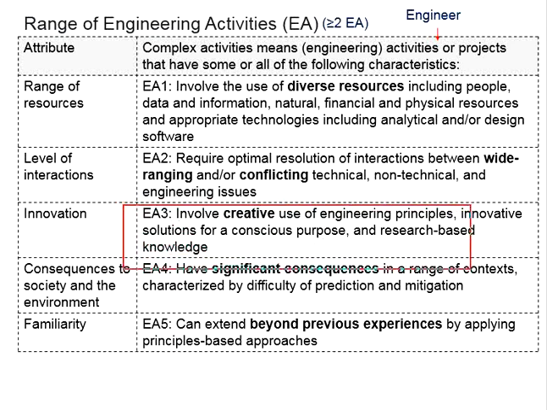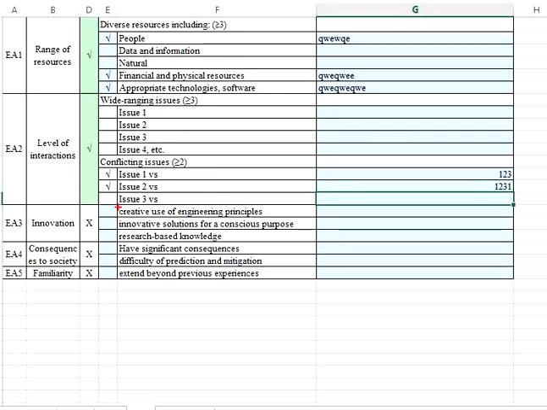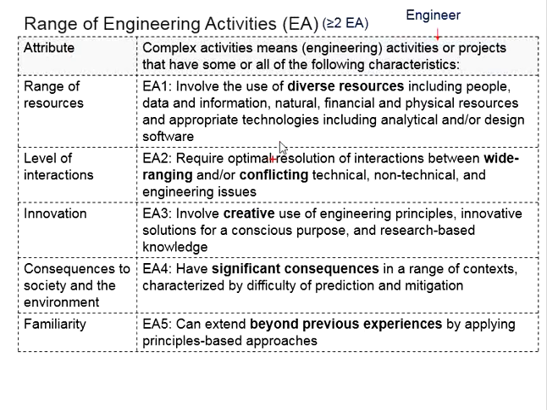So let us break down the content of this statement. There will be creative use of engineering principle, innovative solutions for a consensus purpose, and research-based knowledge. Theoretically, based on this statement here, all three should exist concurrently.